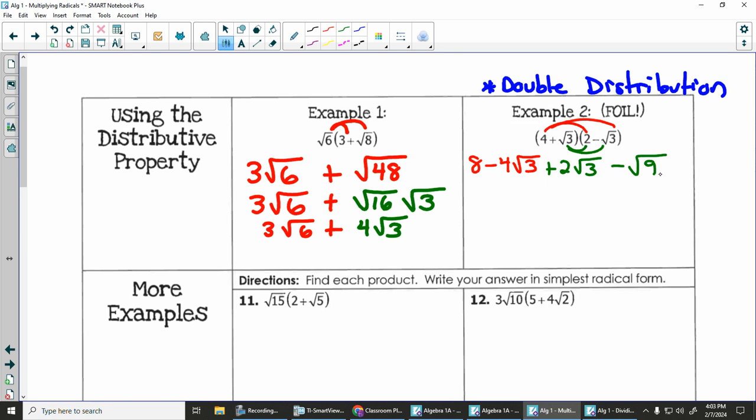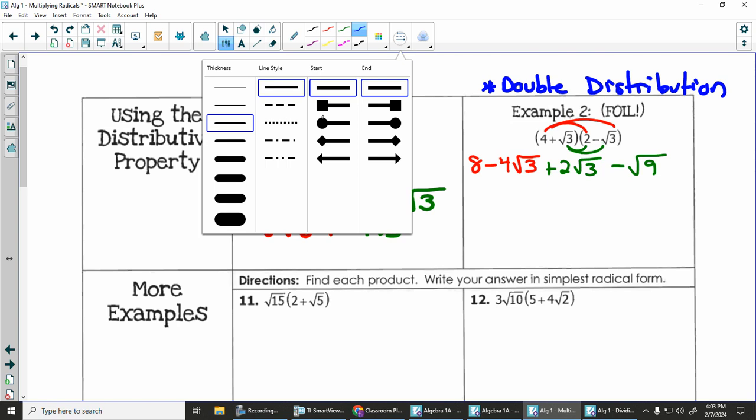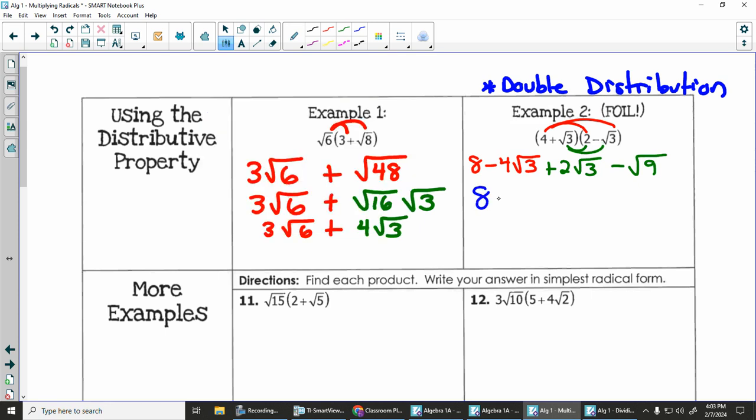Now I'm going to try to clean this up as best I can. First off, I notice that 9 is a perfect square. So I'm going to bring down this 8 here. The square root of 9 is 3, so we have minus 3. And now here in the middle, notice those are like radicals this time. They both have a square root of 3.